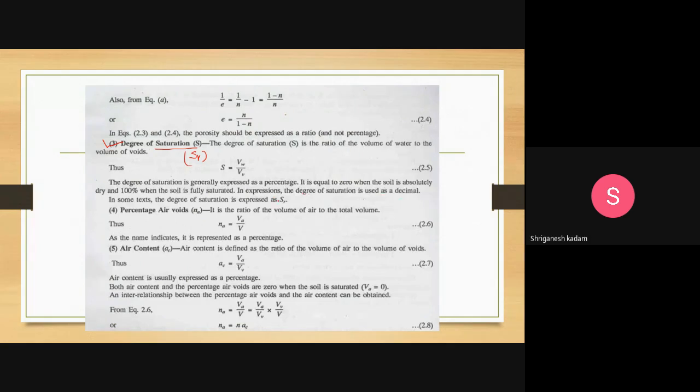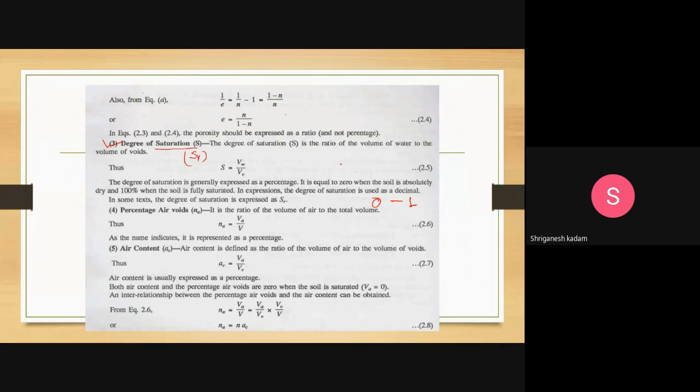Okay, sometimes we can express the degree of saturation like 0 to 1, means degree of saturation is 0.4, 0.5, 0.65, 0.55. So if we multiply this 0.5 with 100, it is 50%, or 0.55 with 100, it is 55%, like that. So this is the concept of degree of saturation.